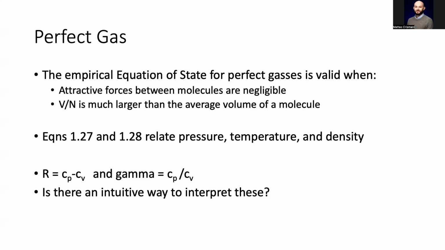The second one: what's V? Volume, good. And what's N? Good. So this is like the specific mass, but now we're just talking about the number of molecules. The V over N has to be much larger than the average volume of a molecule.